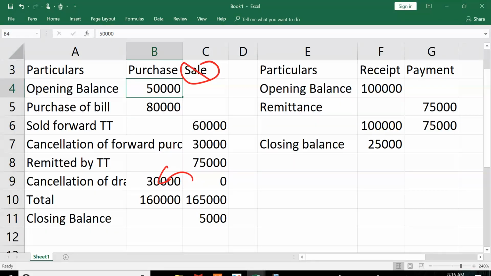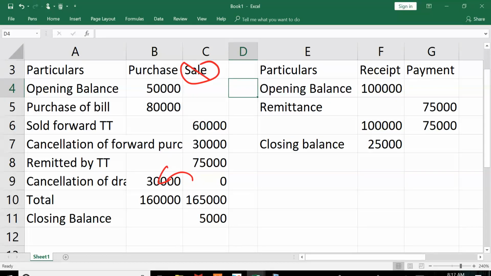Technically it is your cash balance plus or minus future sale transaction. It will become a little complicated, so I'm not getting into detailed explanation. For the time being, what you can understand is if you have a closing balance on the purchase side, it's called overbought. If you have a closing balance in the sales side, it's called oversold. Any doubts on this? Clear? Can we proceed?